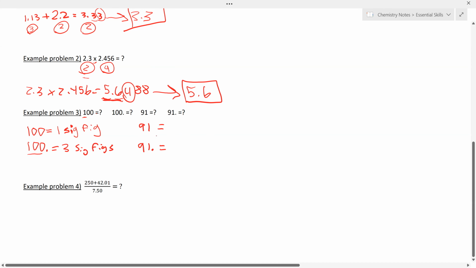But this does. It's not one of those exact numbers. It's just 91. So in this case, both of these have 2 sig figs.